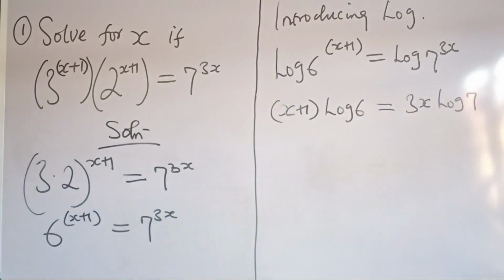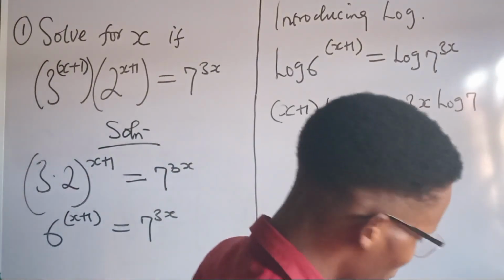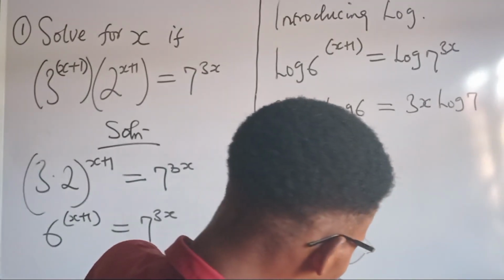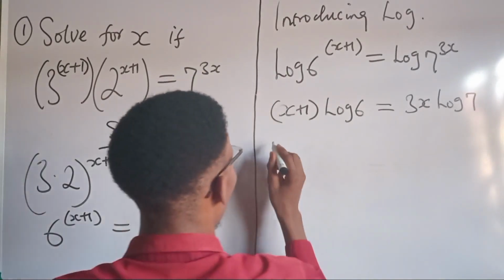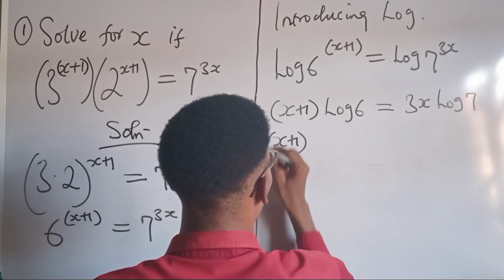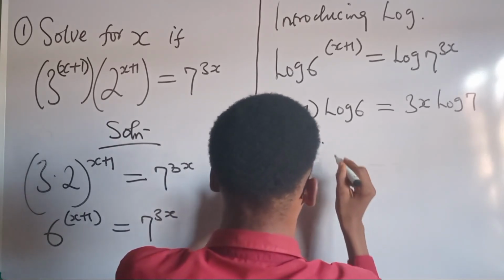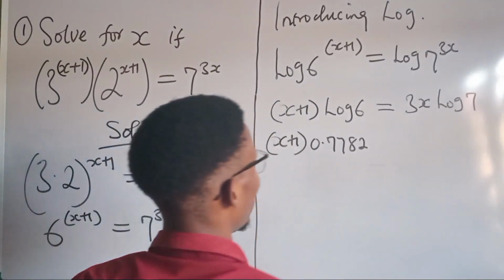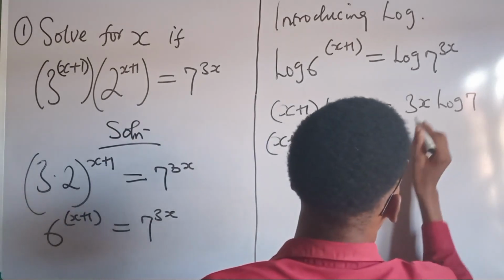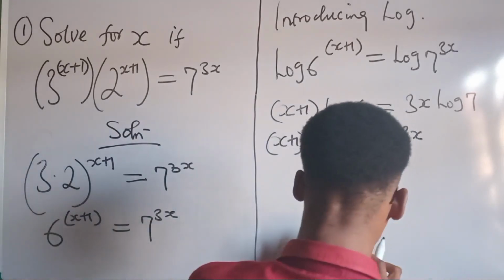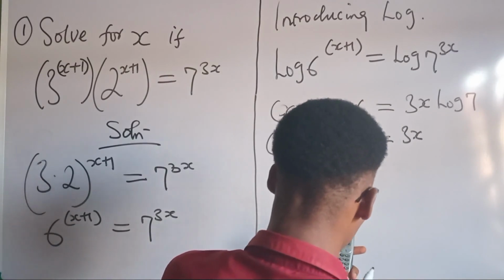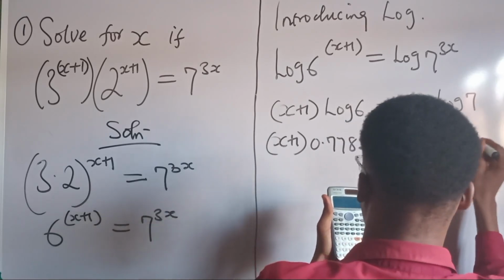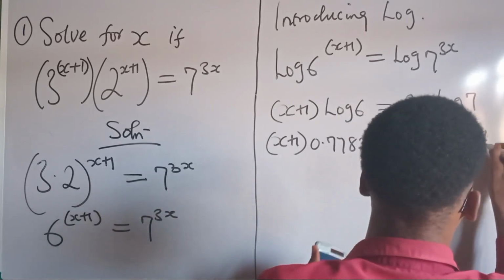On my calculator now, I'm going to punch log 6. Log 6 is going to give me 0.7782. So I can now write x plus 1, then bracket 0.7782, then this is equal to 3x, then log 7. Log 7 will give me 0.845451.